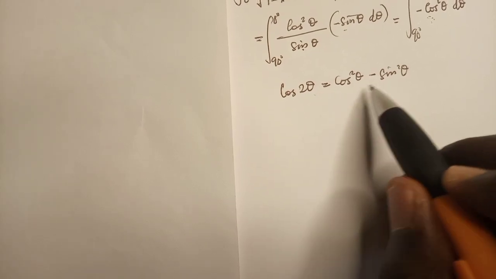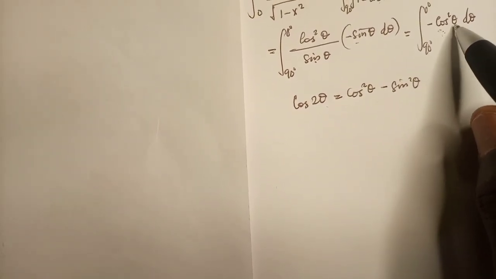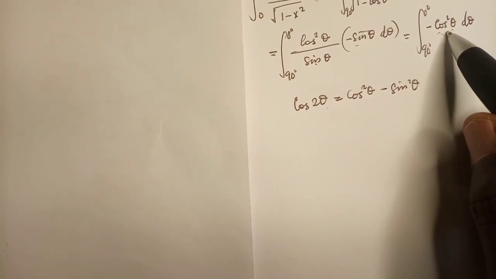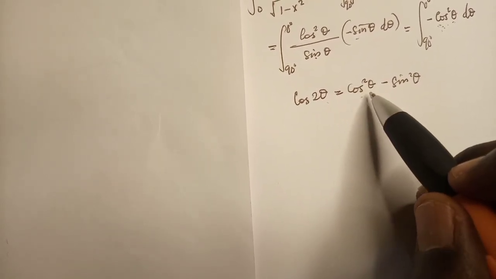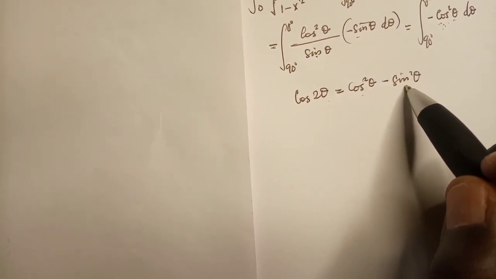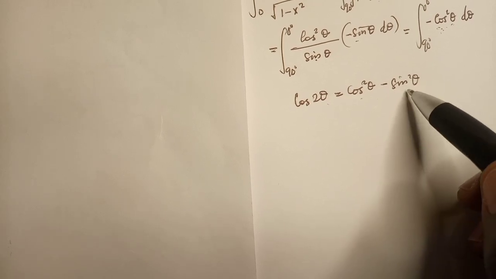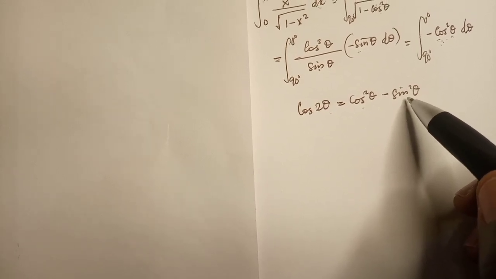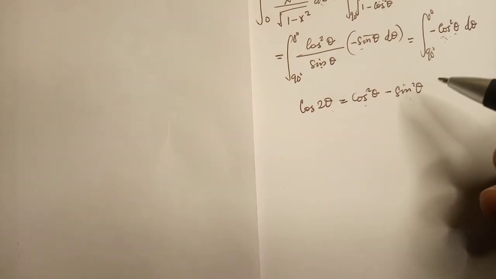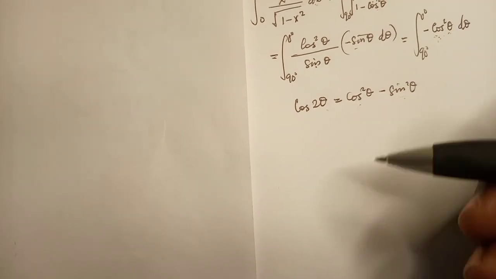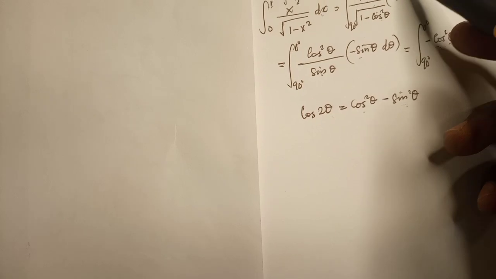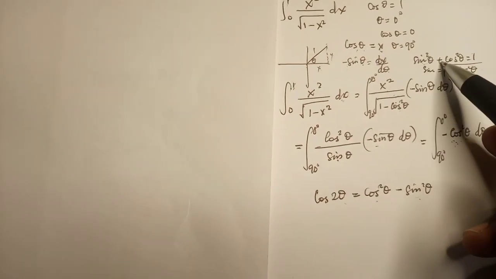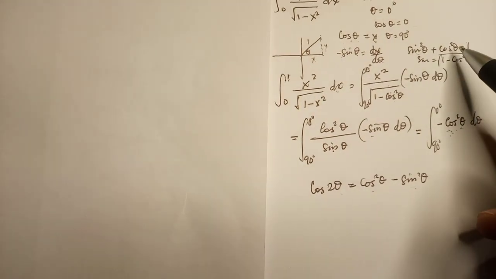So we simplify this to get it in this form. We try to express this in terms of something that can easily be integrated or differentiated. So we'll go back to our identity here and do the substitution.